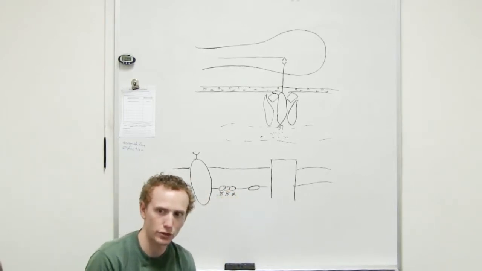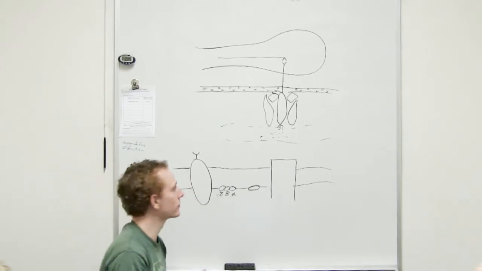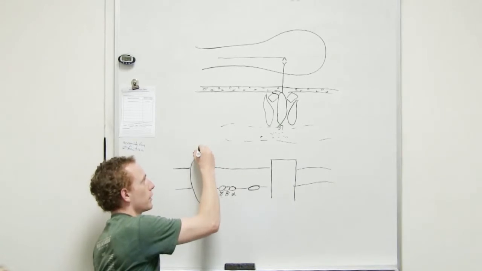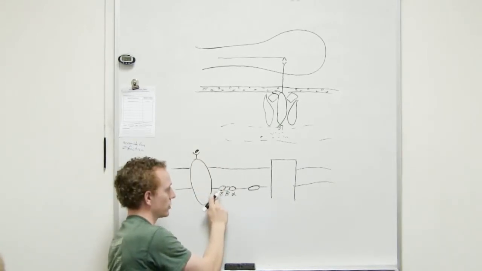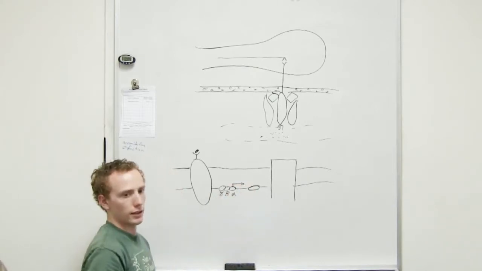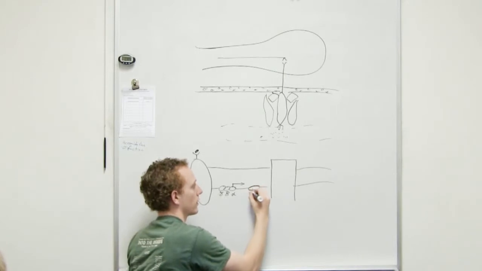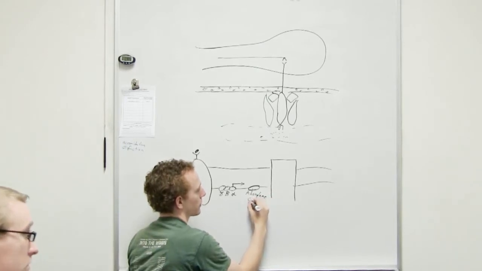Do you guys remember G proteins? The alpha is the one that detaches, right? So the odorant binds, it activates this G protein. The alpha subunit breaks off and goes and energizes what? Adenylate cyclase.